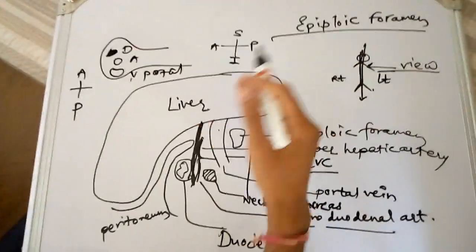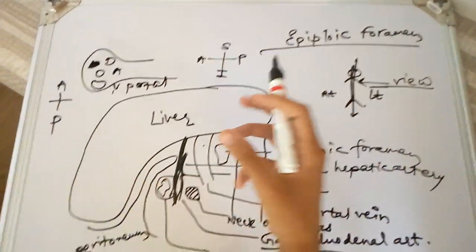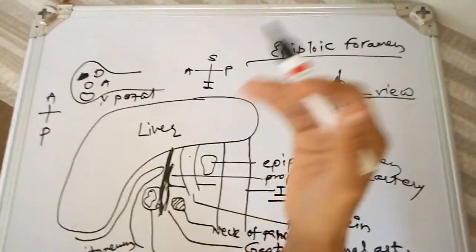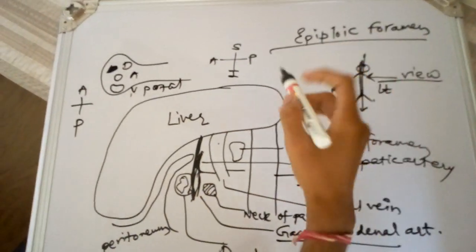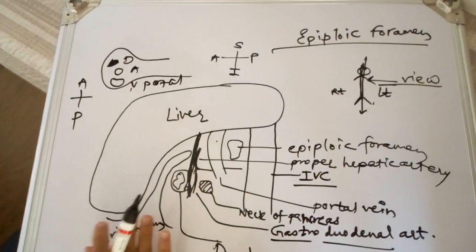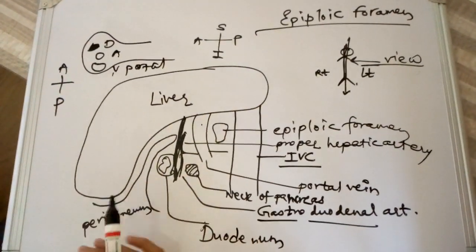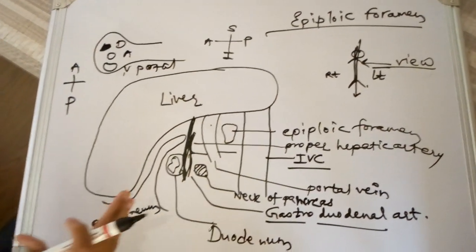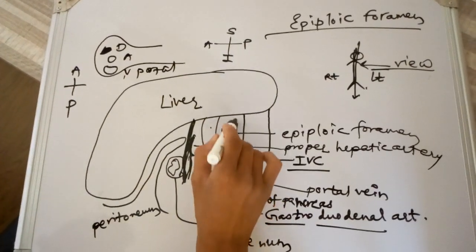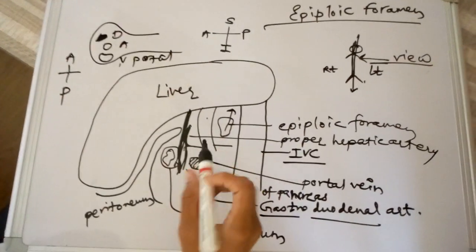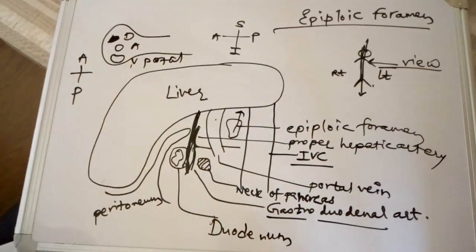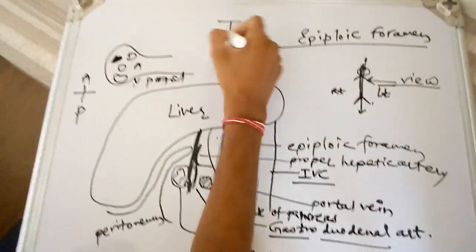Hernia is a protrusion of an organ unwantedly. Loops of intestine from the greater sac get herniated through the epiploic foramen into the lesser sac. So this is an example of internal hernia.